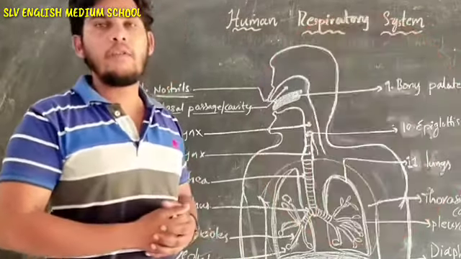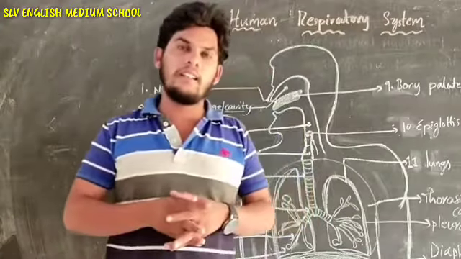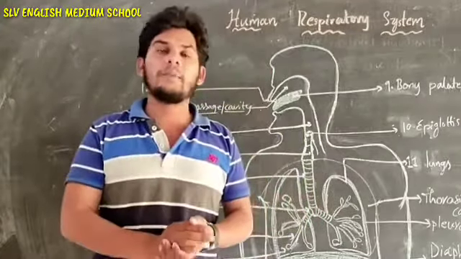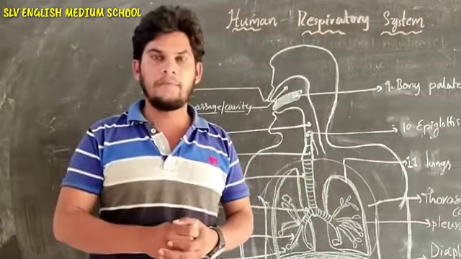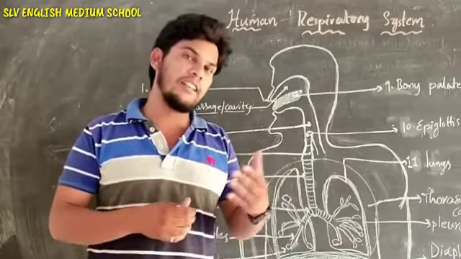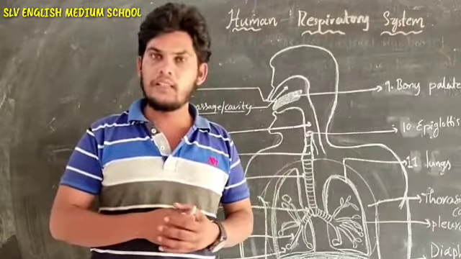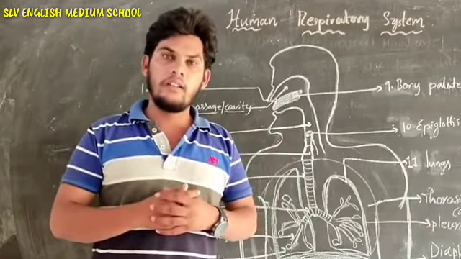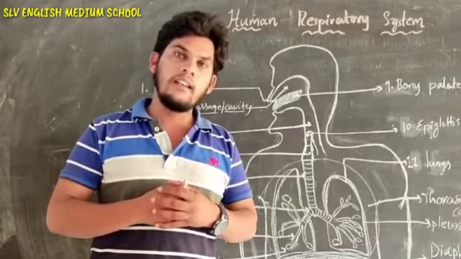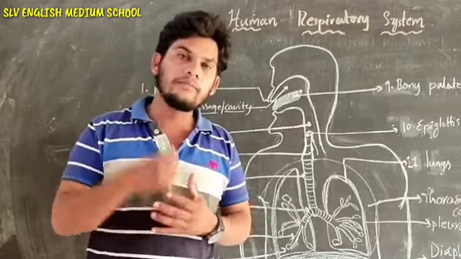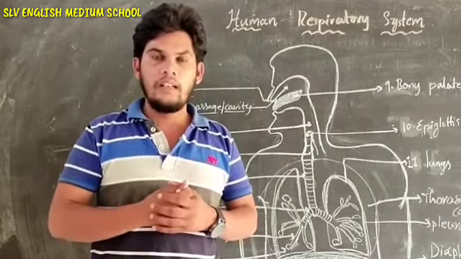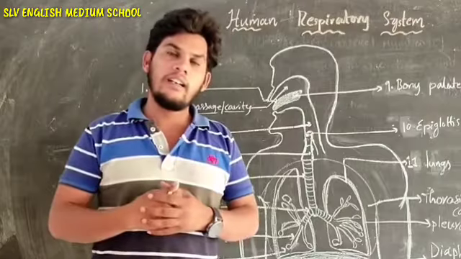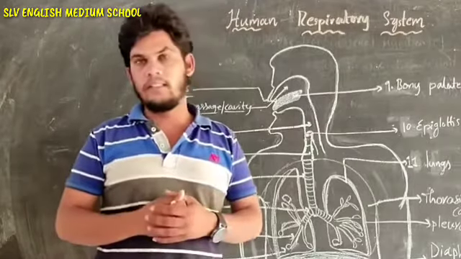This hair plays a crucial role in filtering out dust particles. Sometimes there is a chance of even mosquitoes and flies entering. So the hair grown on the walls of the nasal cavity protects from the entrance of such particles.